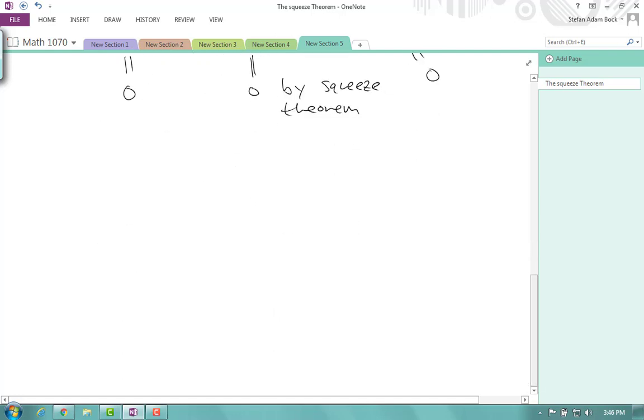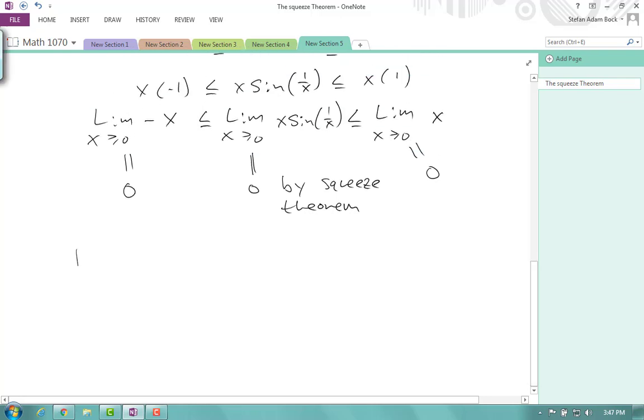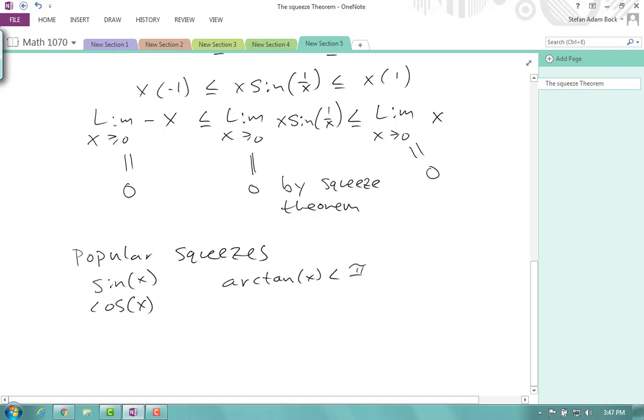And I really want to think about the squeeze theorem anytime a part of my limit is bounded, or if I get stuck trying to do something else. Popular squeezes, we'll call it that. We could have sine of x, we can have cosine of x, and we can have arctangent. That's between pi over 2 and negative pi over 2.